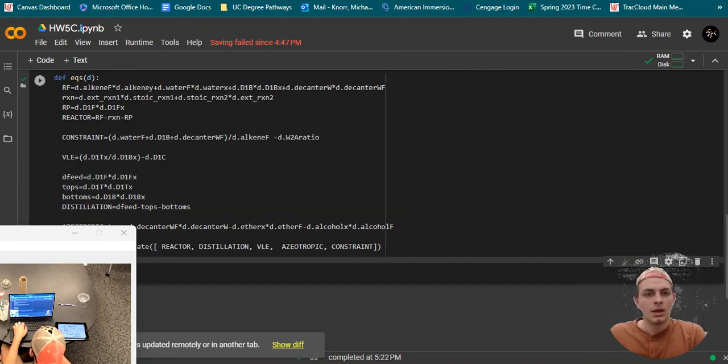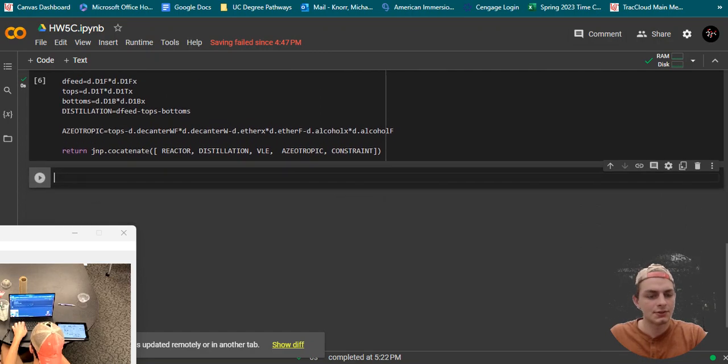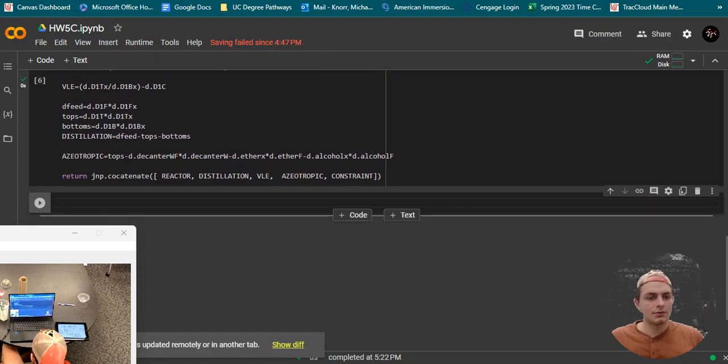Beautiful. And so now we're at the point where we can just do exactly the same kind of stepwise logic that we did for the last one. The only difference here is that we're going to use JNP instead of NP due to the amount of variables that we are using.